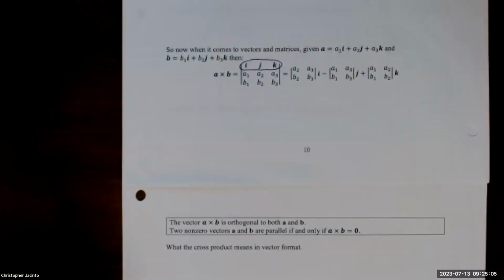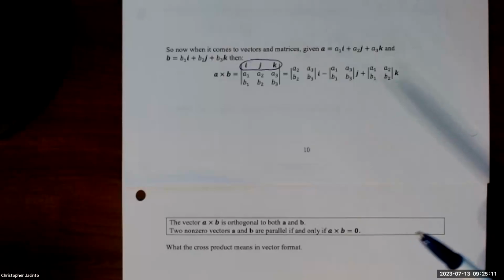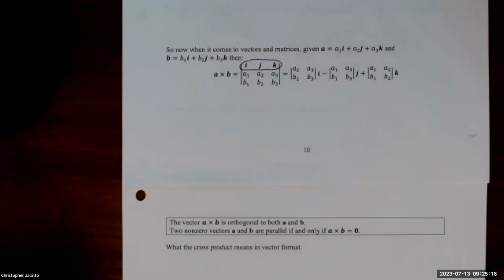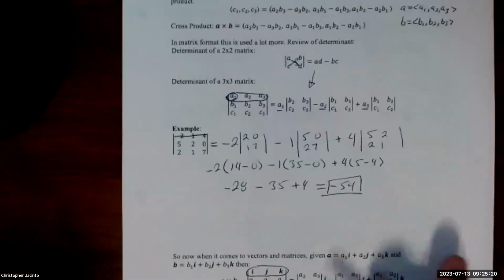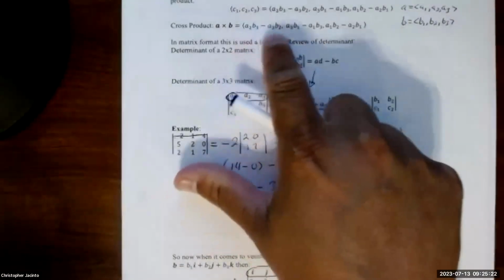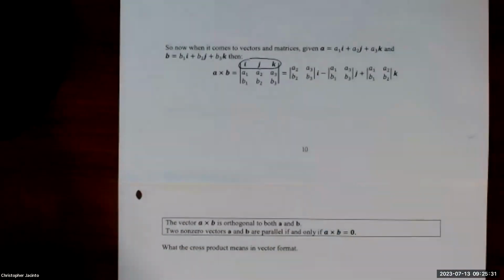So one less row to deal with. Hence the reason why I would be here, J there, and K there. So our cross product is defined this way in matrix format. I don't know about you, but this is much easier to deal with than trying to memorize the actual cross product itself. I usually just do the whole thing manually instead of trying to memorize that. It makes a lot more sense dealing with it.